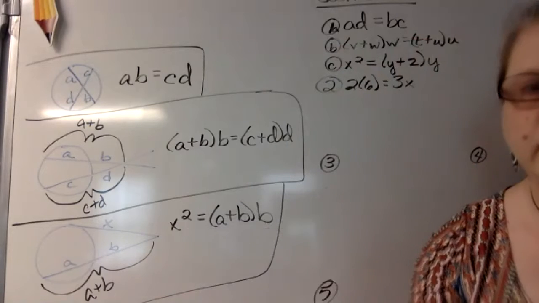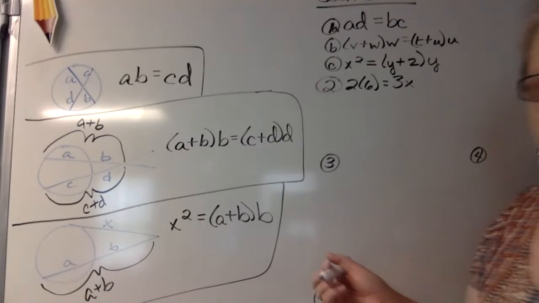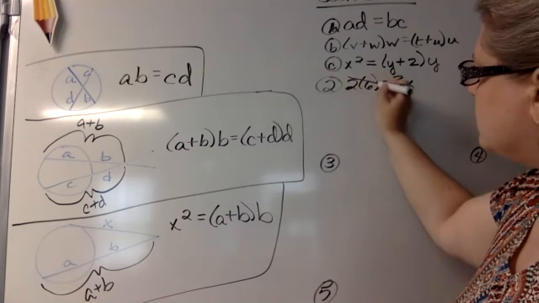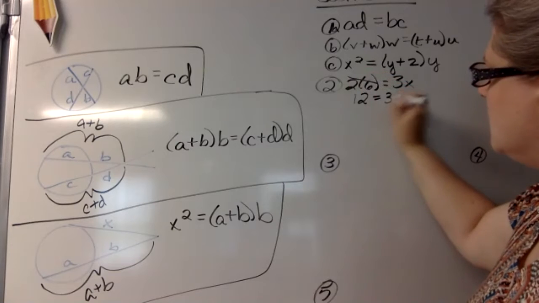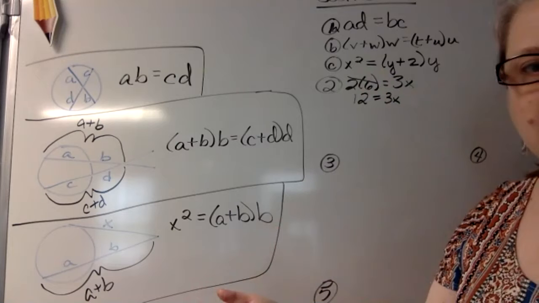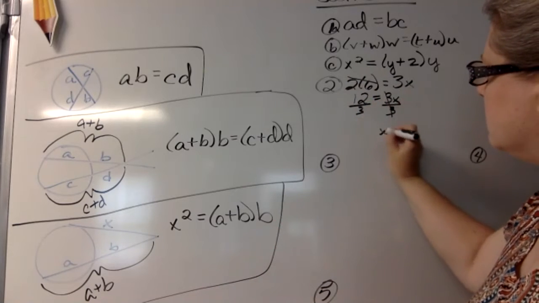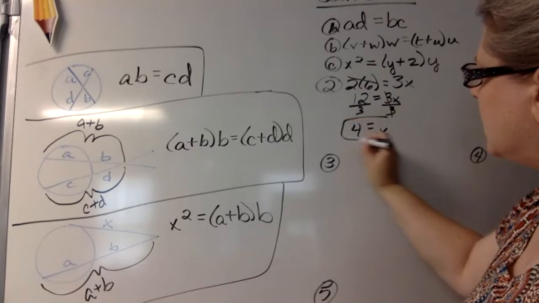I just put the 3 first because you always put the number in the front if you have a number with a variable. So then we just solve this. Hopefully everybody knows that 2 times 6 is 12. Well, 12 equals 3x. I'm trying to get x by itself to find my missing part. We divide by 3. You get x is 4 and you're done.